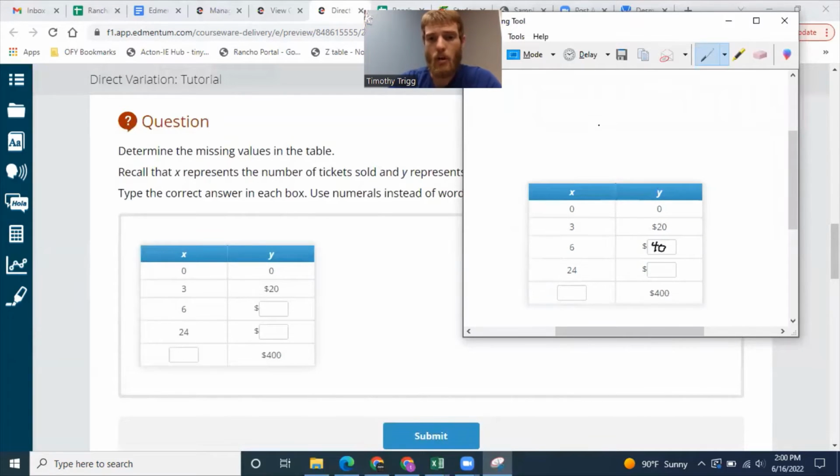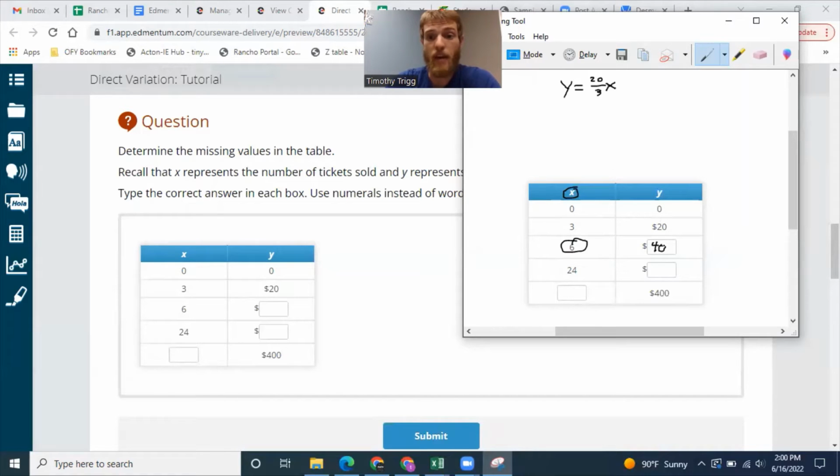Another way to solve this is we already know our equation, y equals kx, and the value of k is 20/3. So y equals 20/3 x. Now, if we know the value of x is 6, we can find the value of y. So I'm going to go ahead and replace the x in this equation with 6.